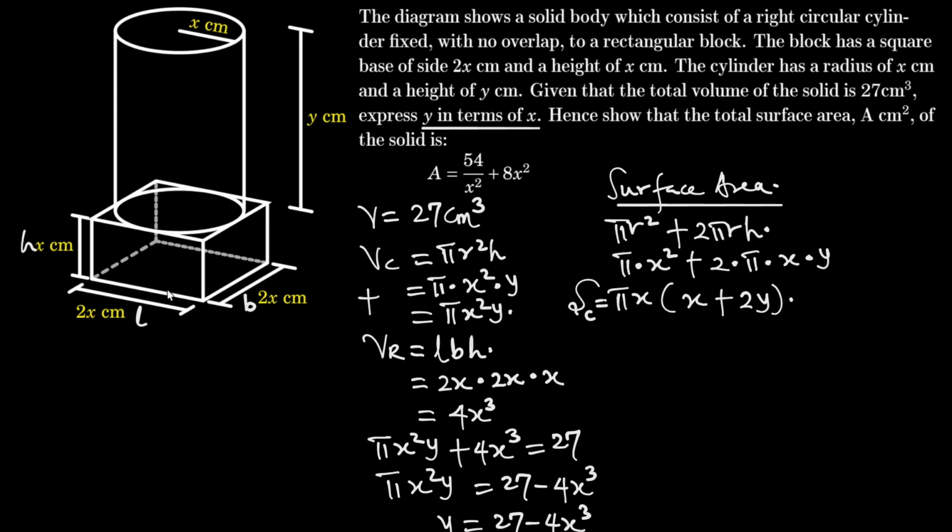Now for the rectangular block, remember that the upper part of the rectangular block has been partially blocked by the circular base of the cylinder. So now the total surface area of the rectangular block, which should have been 2LB plus 2LH plus 2BH, the formula is going to be altered, right?